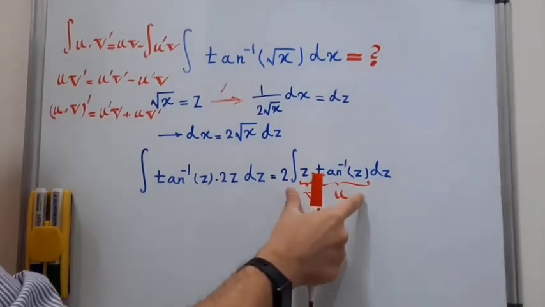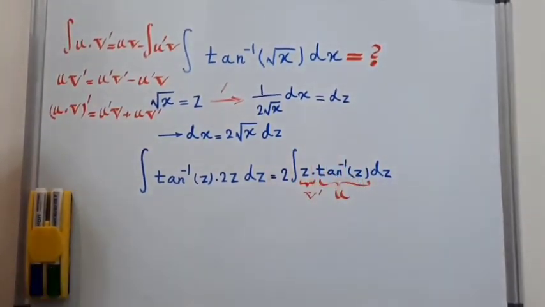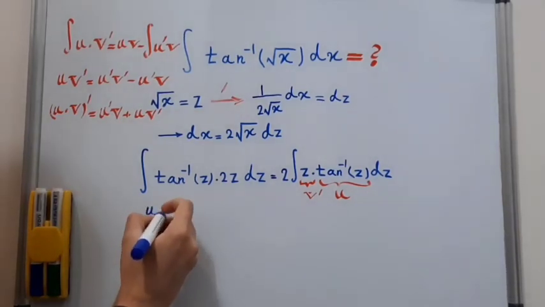I call tangent inverse z as u and z as v prime. So I want u prime and v as well.